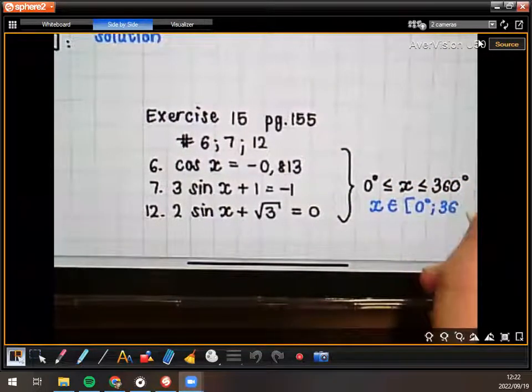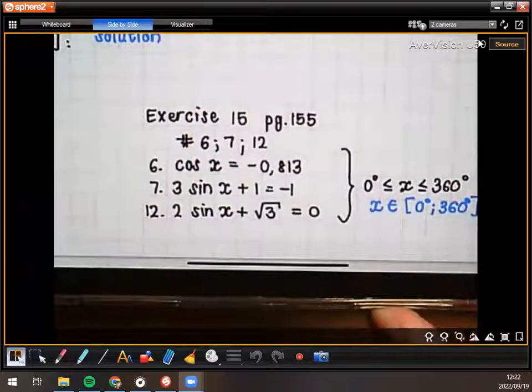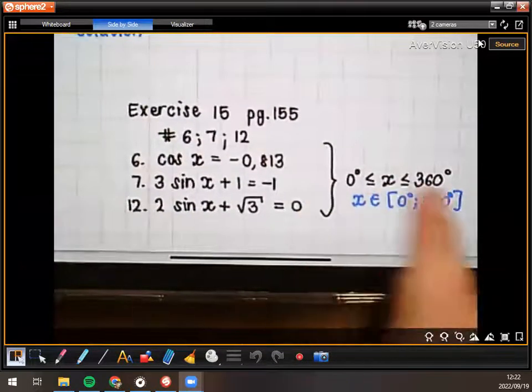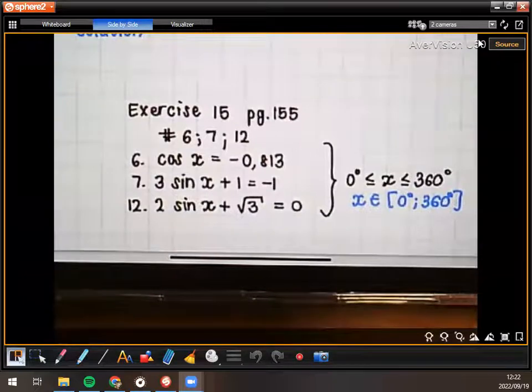It means the exact same thing, right? It's saying that x has to be an angle between 0 degrees and 360 degrees. So you're going to do that last extra step that we did in the last example. But like I said, if you didn't understand that, you can leave out that last step, but you can still do all the other 4 steps before that. Okay, so don't come tomorrow and say you didn't understand that general solution.